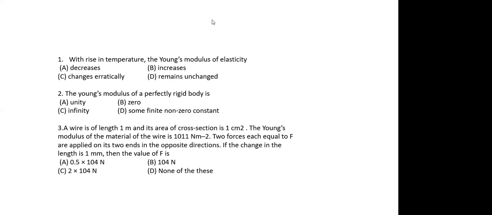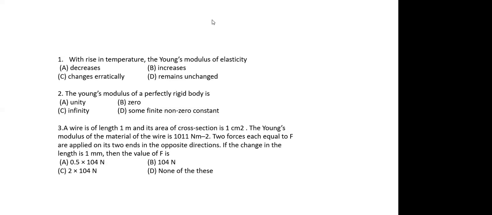Please don't confuse there. Two forces each equal to F are applied on its two ends in opposite directions. If the change in the length is 1 millimeter, then the value of F is?